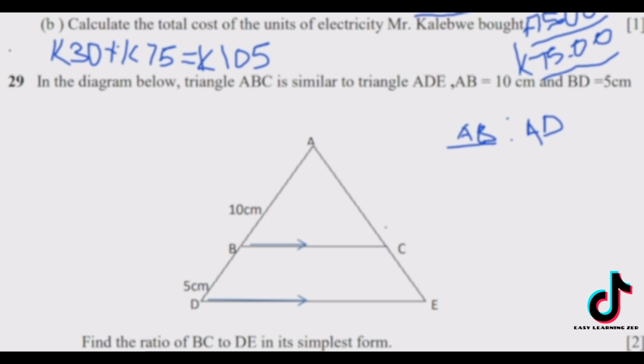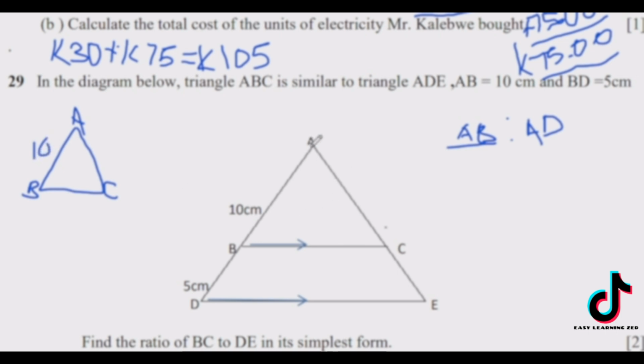In case you have gotten confused, let me just simplify this on the left side of the screen. We have got two triangles here. So we have got triangle A, B, C. Now we are told this is 10 centimeter.